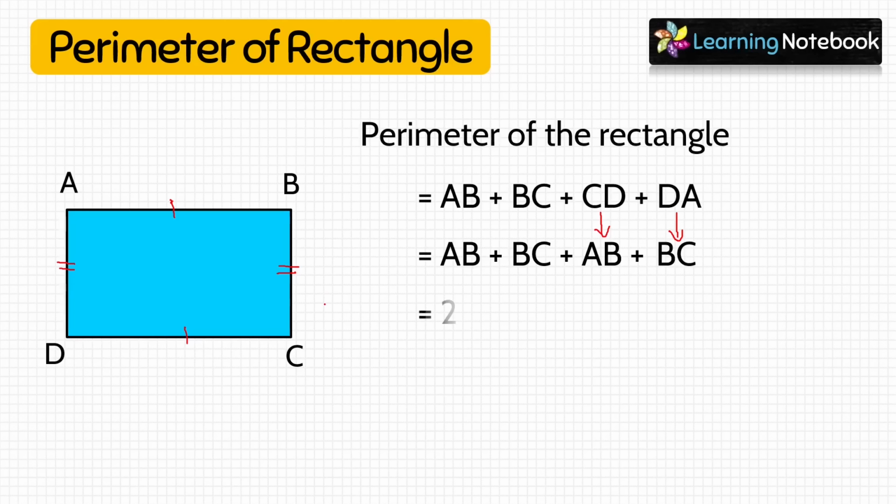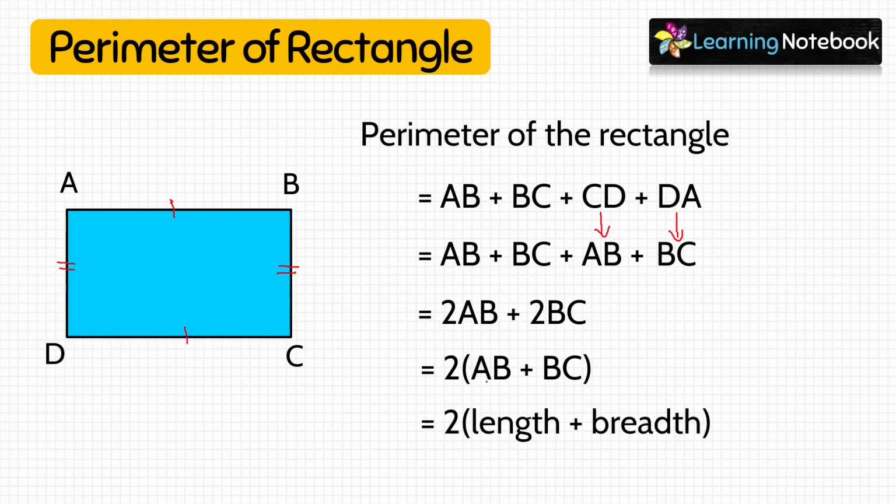Or we can write it as 2AB plus 2BC. So perimeter of the rectangle equal to 2 into AB plus BC, where AB is the length of the rectangle and BC is the breadth of the rectangle. So we can simply remember the formula of perimeter of rectangle as 2 into length plus breadth.